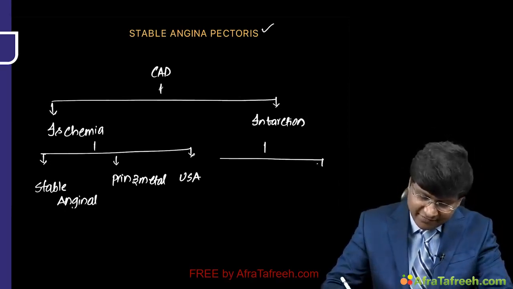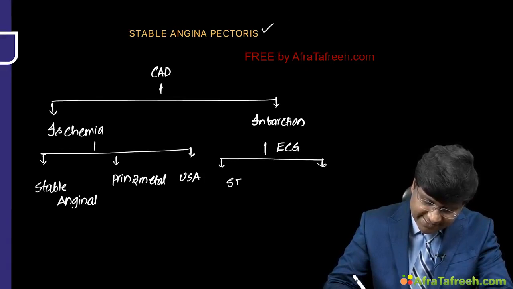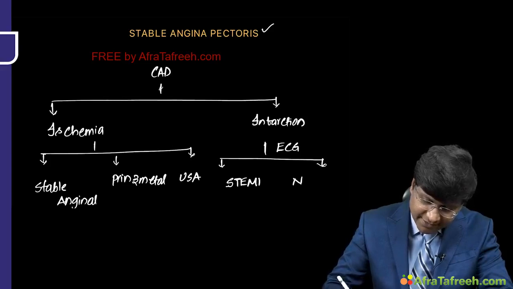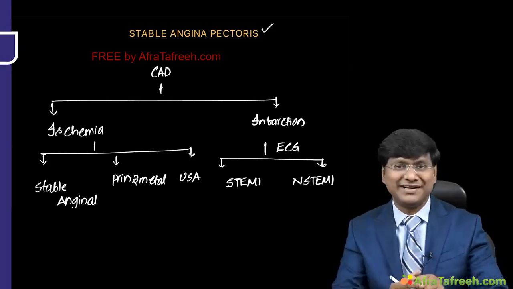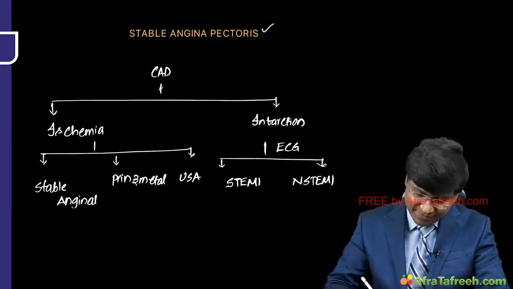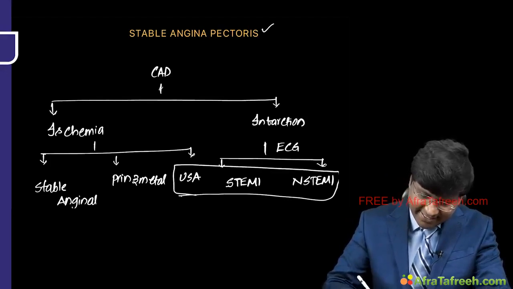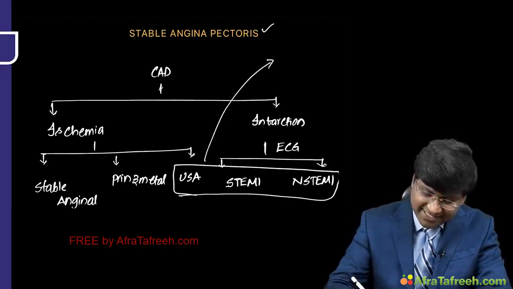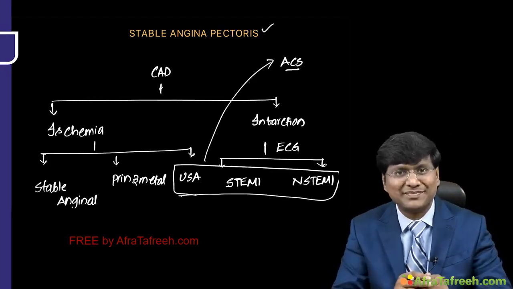And infarction, depending upon the ECG changes, is ST elevation MI and non-ST elevation MI. So this is the spectrum of coronary artery disease. Out of this, unstable angina, STEMI and NSTEMI together constitute the acute coronary syndrome.